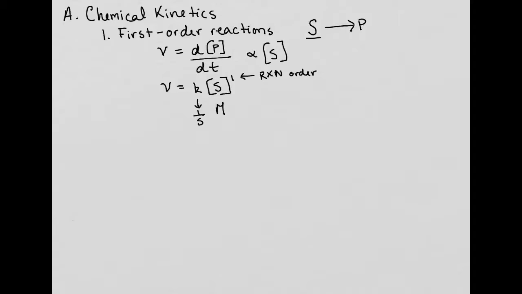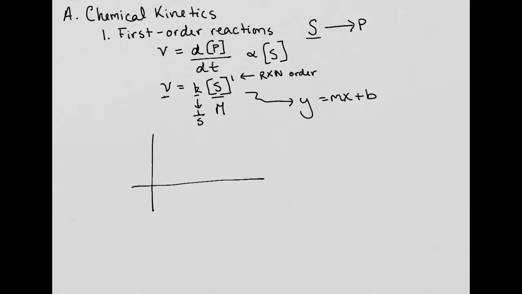Now, if we look really carefully at this equation, velocity is the rate constant times the concentration of the substrate, we can recognize this as a function that's very familiar to us. In fact, this is a y equals mx plus b function, or a linear function.